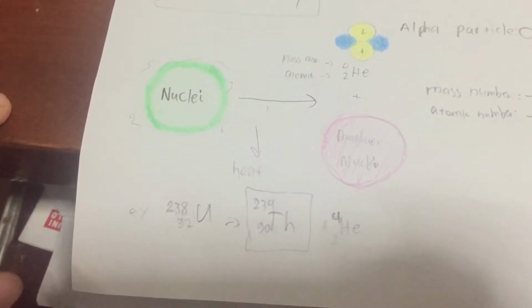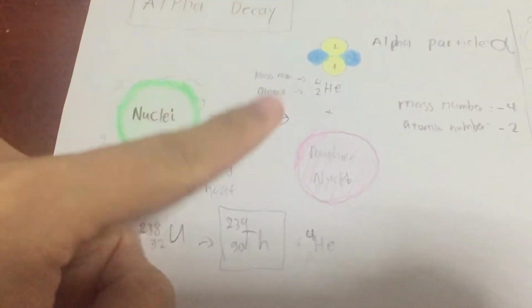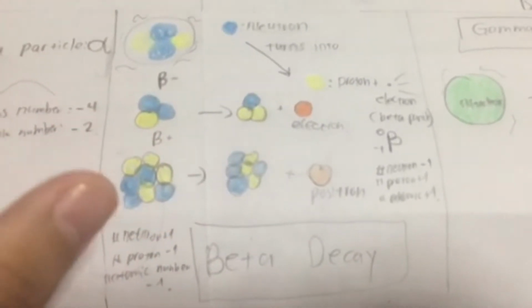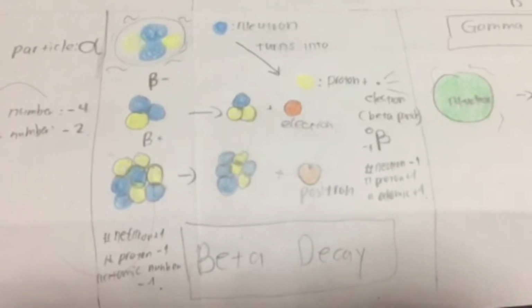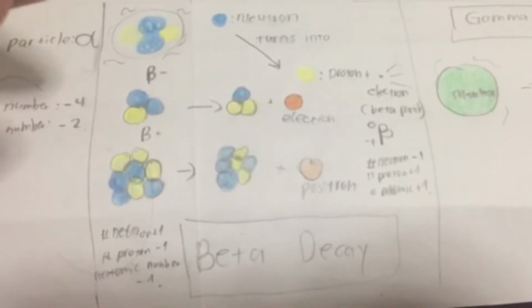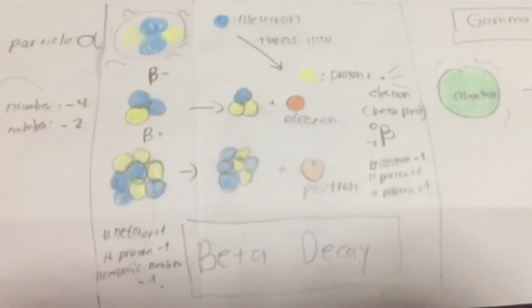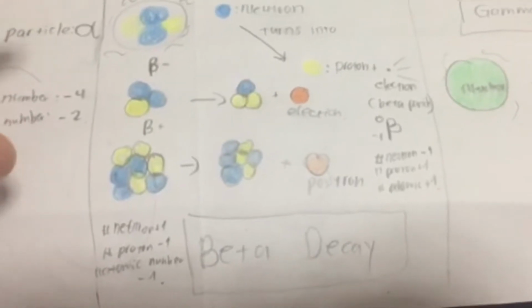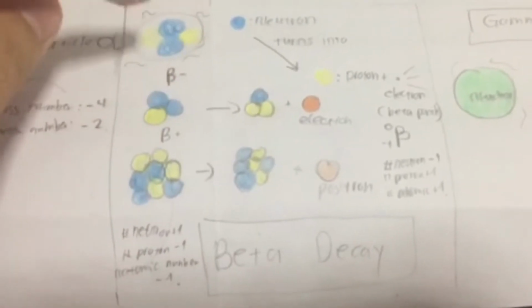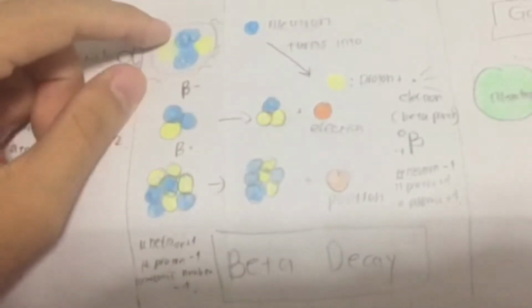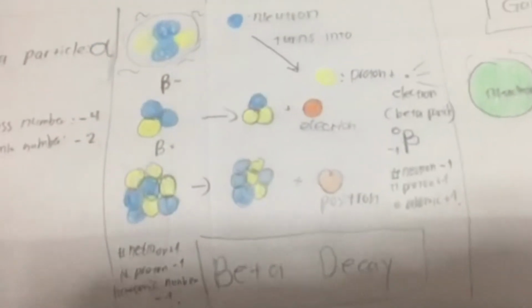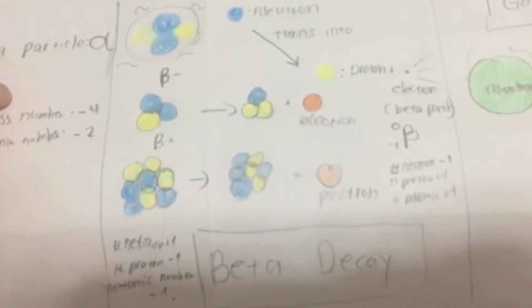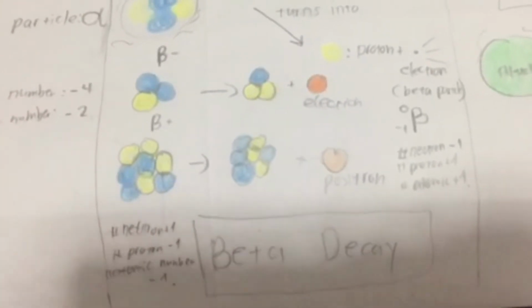Also, alpha particles are emitted. Next is beta decay. I know that all decays are similar to each other because they always give off a part and decay to try to balance the nucleus. The requirement of these reactions is an unstable nucleus.